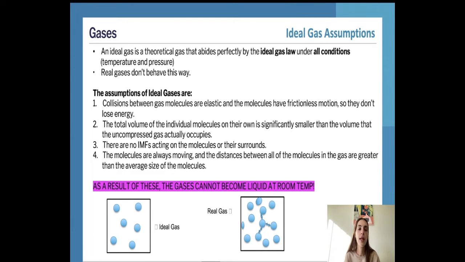The third one is that there are no intermolecular forces acting on the molecules or their surroundings. With ideal gases, that is our assumption. However, with a real gas, there are always intermolecular forces acting on every molecule, whether that be just dispersion forces or dipole-dipole interactions and hydrogen bonding.